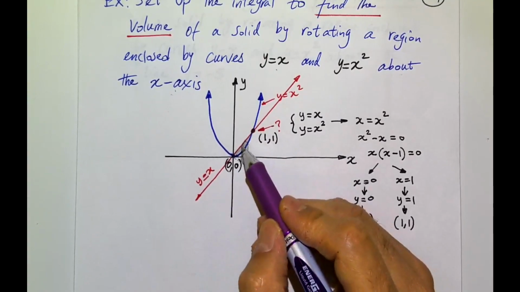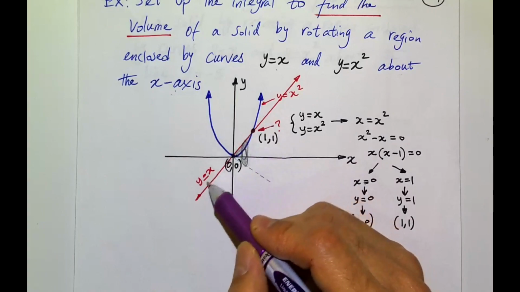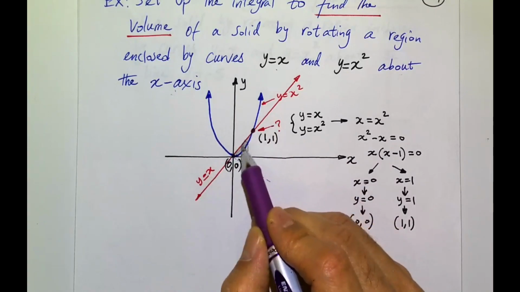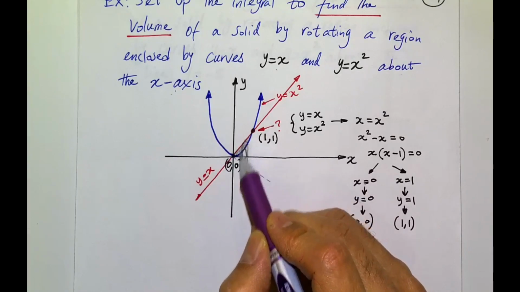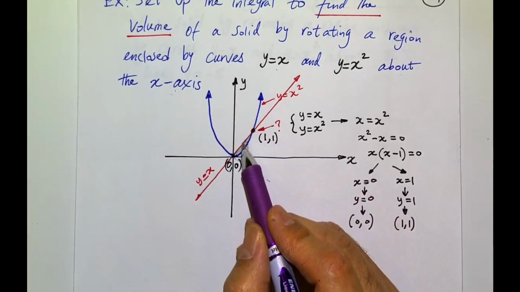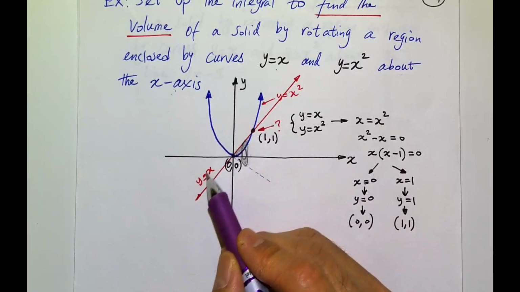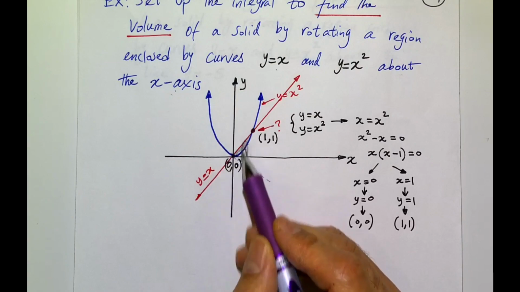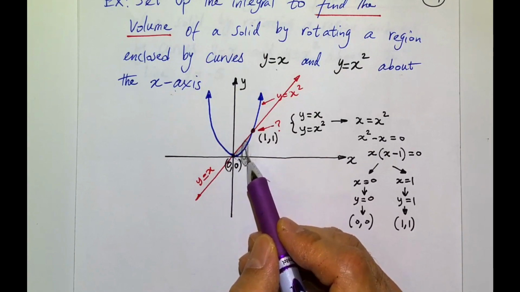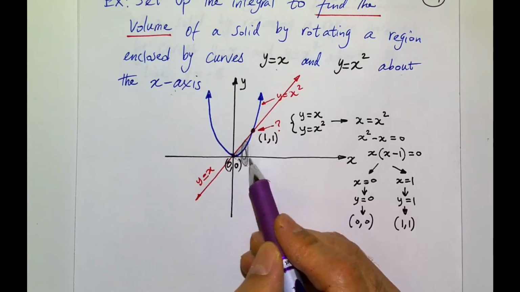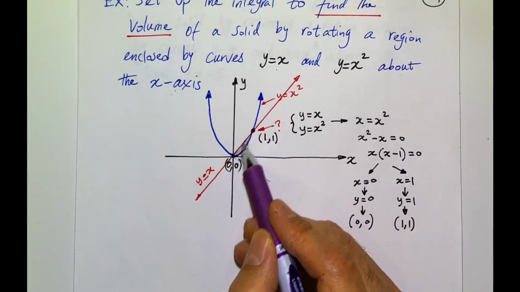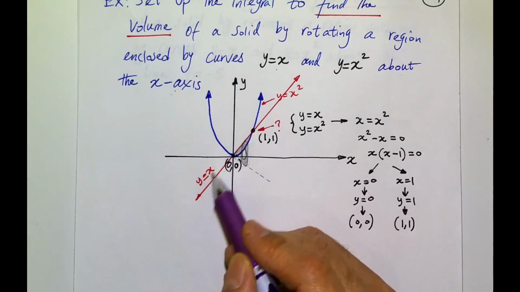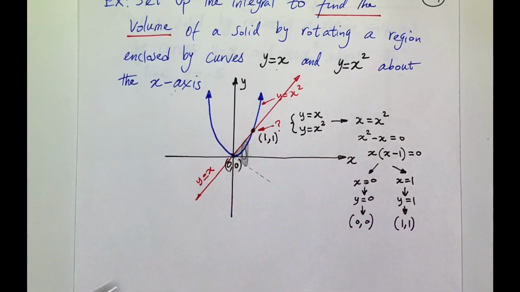So the distance from that red line, which is the y equals x curve, to the x-axis, notice that as we do that, that washer, the outer radius is on that line, on this curve, y equals x. So the outer radius, the distance from that red line to this x-axis is just x, because it's equal to y, right? So we can just call it x.